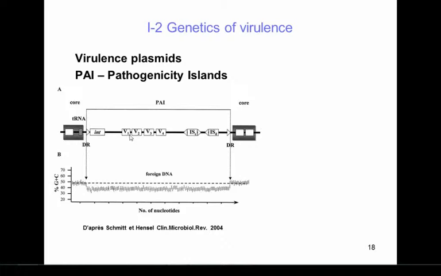And they will have not just one virulence gene, but a virulence operon, okay? Several genes that will be co-regulated. And so the different virulence genes on one pathogenicity island will code for all the proteins that are needed for one particular system.